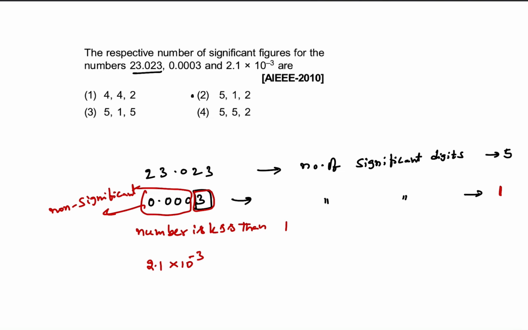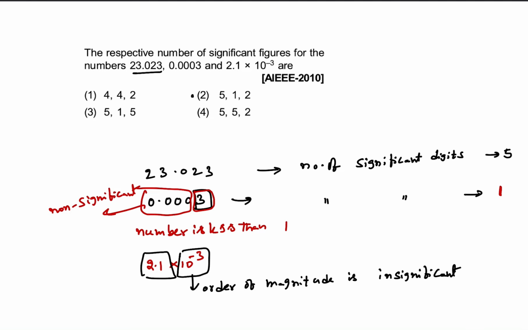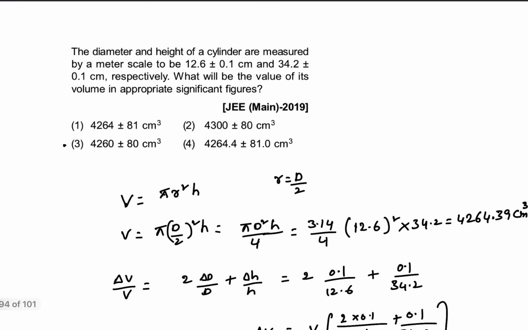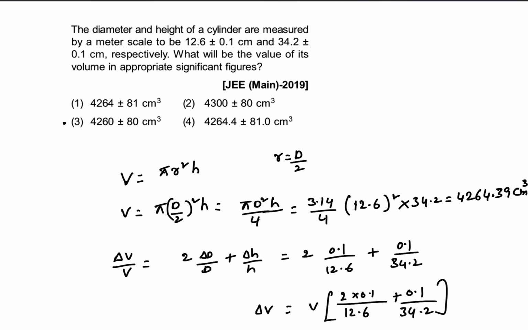We can see only one digit you will get. Last one, 2.1 into 10 to the power of minus 3. In this case, 10 power minus 3 is the order of magnitude. Order of magnitude is insignificant. Now only 2 digits are there. Finally, the number of significant figures is 2. So the second option is the correct option.